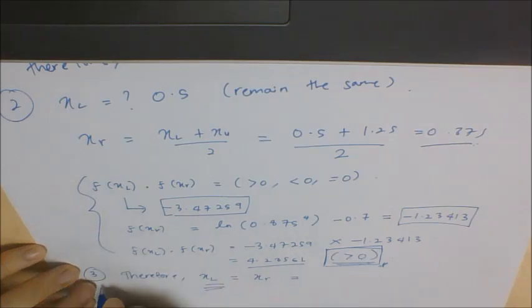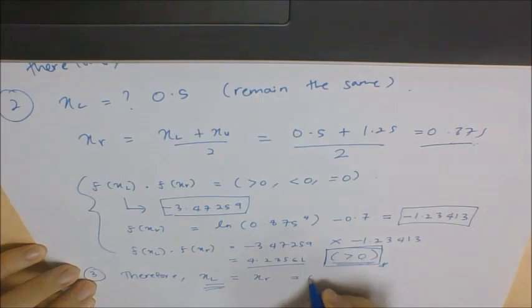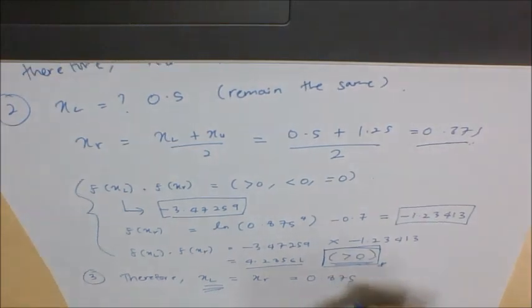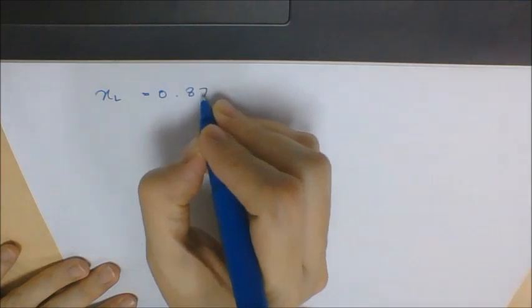Now for the third calculation, you have your XL equal to 0.875.